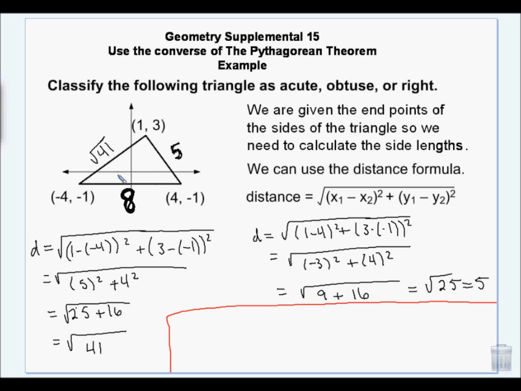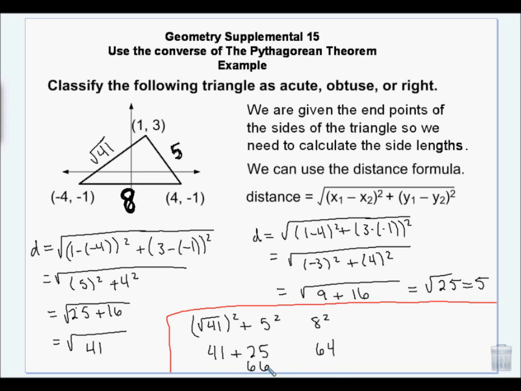Now, I don't know what the square root of 41 is, so I'm just going to check to see if it's less than 8. It's 6 point something, so it's less than 8. So these are A and B, that's C. So I say square root of 41 squared plus 5 squared and then 8 squared. So I have 41 plus 25 and 64.